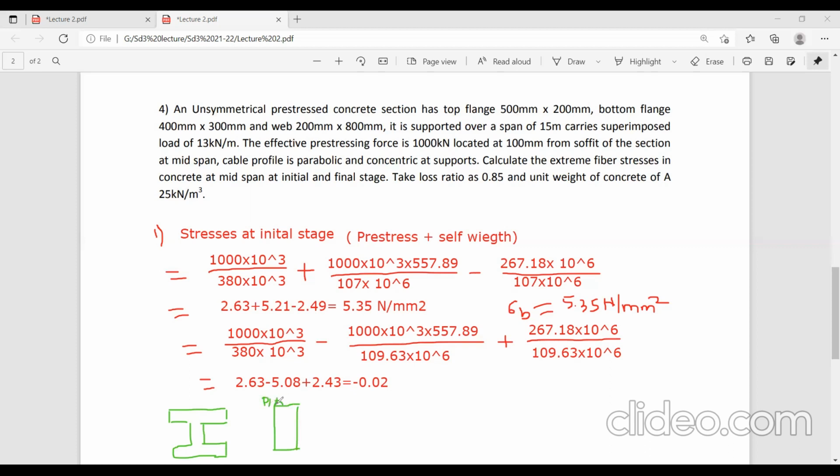It is the same at the top as well as at the bottom, so we get a rectangular shape. Are you getting my point, student? This one is the neutral axis of this beam.